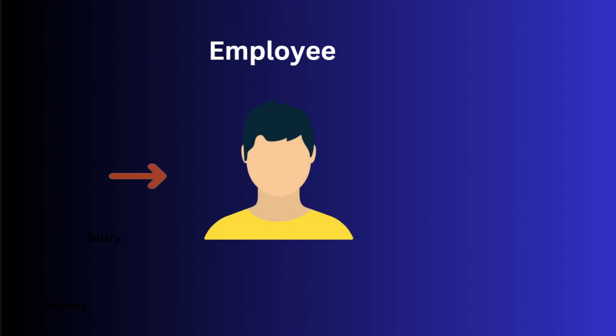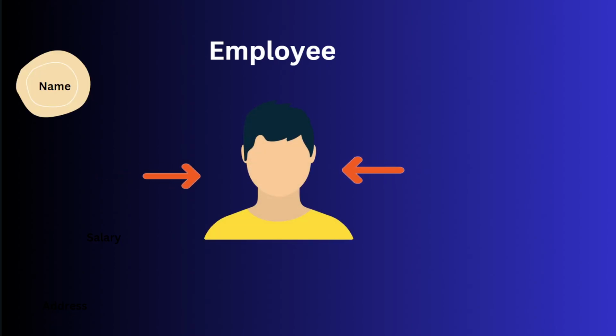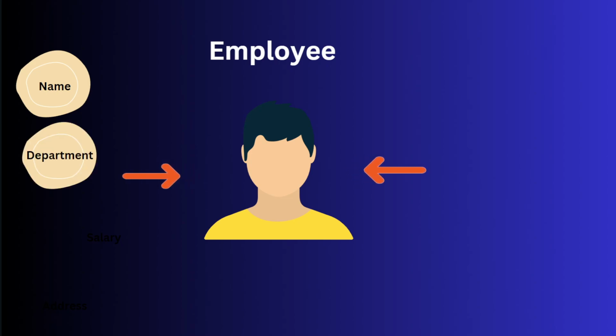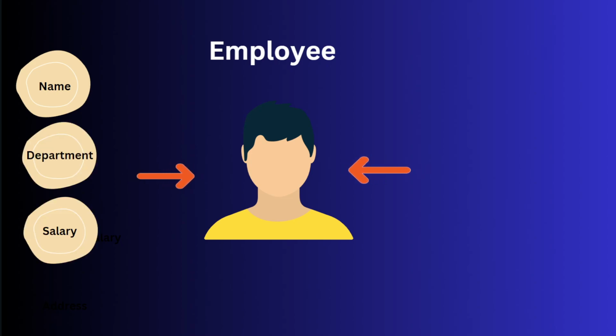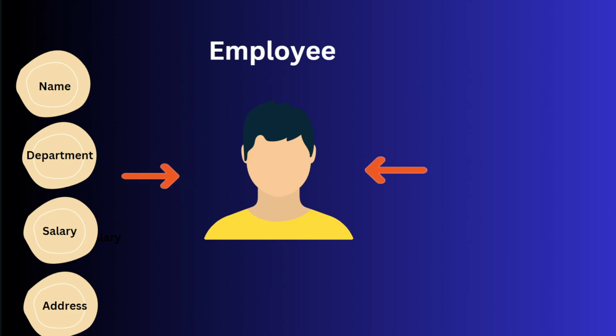Let's understand. For example, we need to create a class for an employee. So how do we define an employee? An employee will have a name, a department, a salary, and an address. We can call all these details variables, and to manipulate those variables we will have some functions.